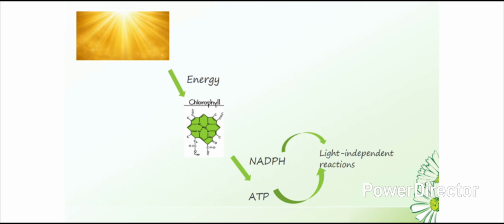In the light dependent reactions, energy from sunlight is absorbed by chlorophyll and converted into stored chemical energy in the form of electron carrier molecule NADPH, that is nicotinamide adenine dinucleotide phosphate, and the energy currency molecule ATP, that is adenosine triphosphate. These two energy storing molecules are then used in the light independent reactions.